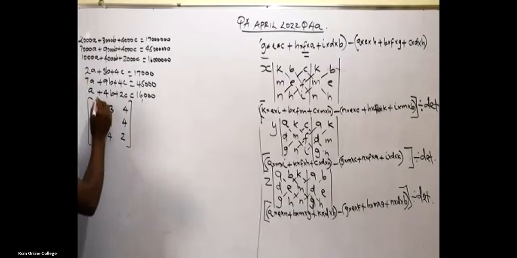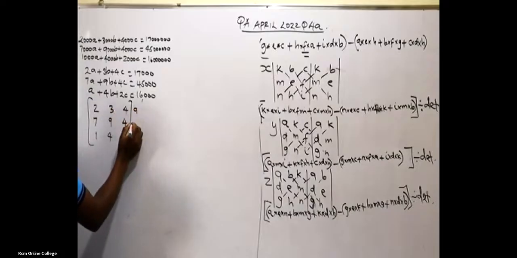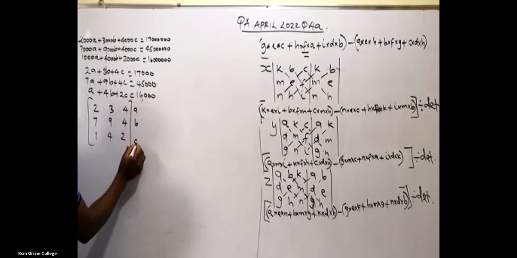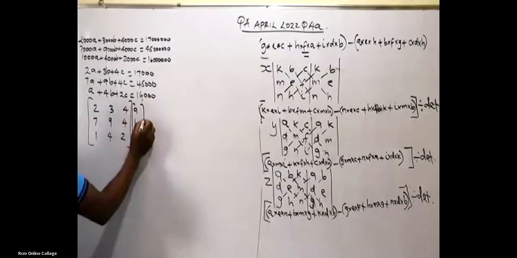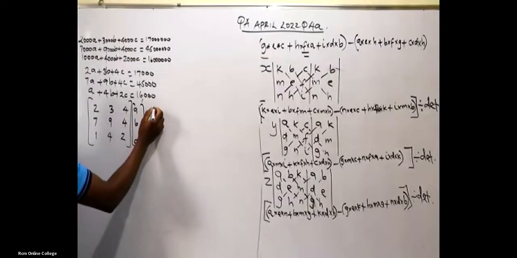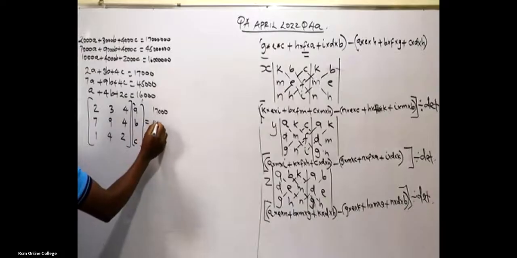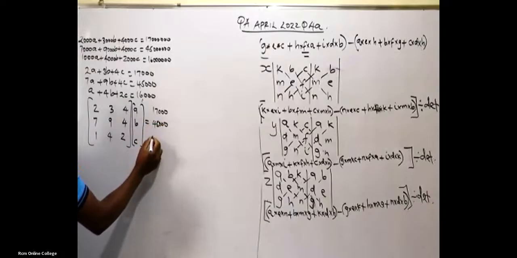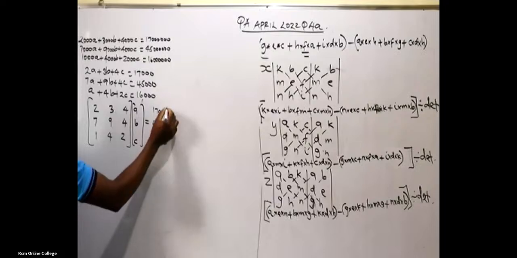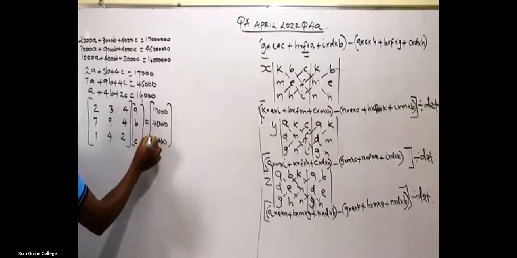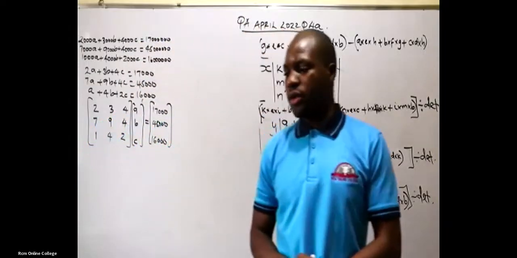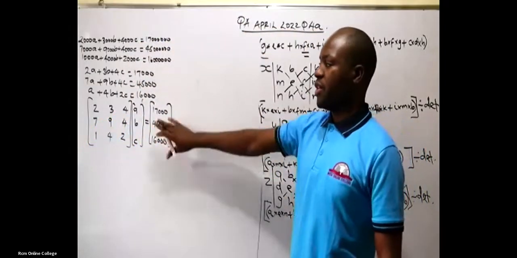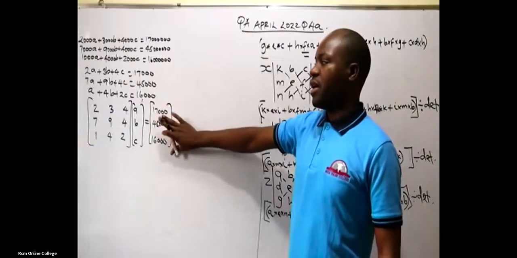Then the unknown figures are the value of A, the value of B, and the value of C that we are looking for. Then the constants are 17,000, 45,000, and 16,000. That's how you build up a matrix. Already we have a matrix here with us.